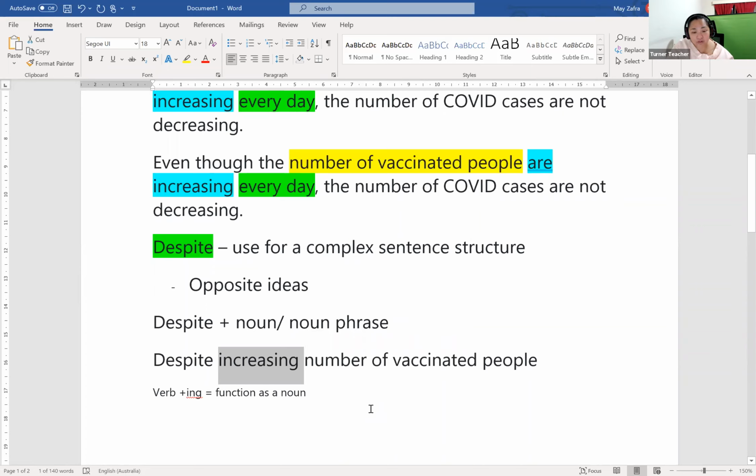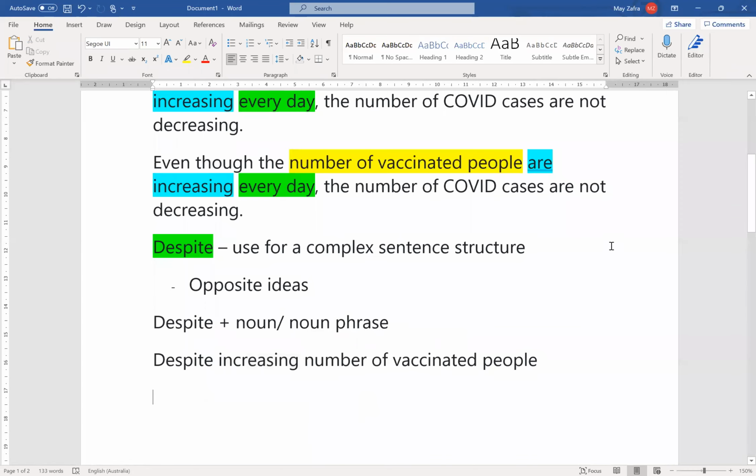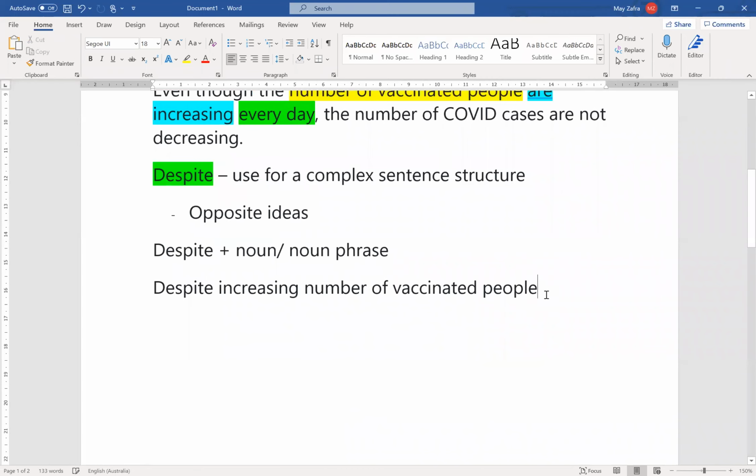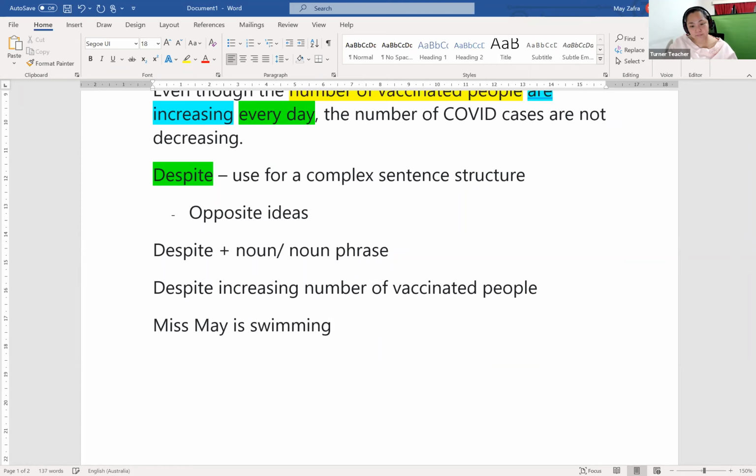Is that clear so far? Okay, so it's just like this one. For example, let's say Miss May is swimming. Swimming is Miss May's favorite sport.